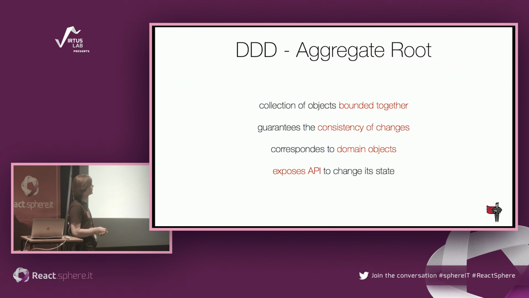What an Aggregate Root does is guarantee that any operation we make on it is consistent, and an operation made over the Aggregate Root mutates the state inside it. The Aggregate Root is the only object in our domain which exposes the API to change its state.